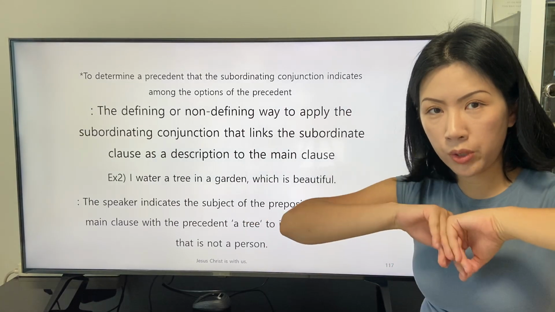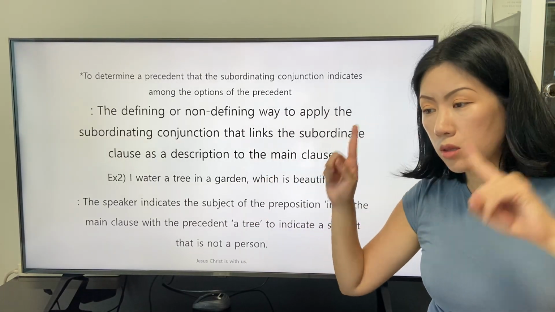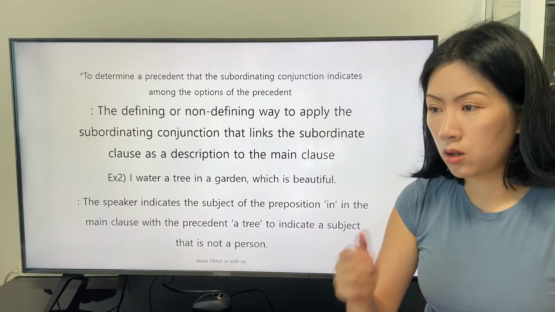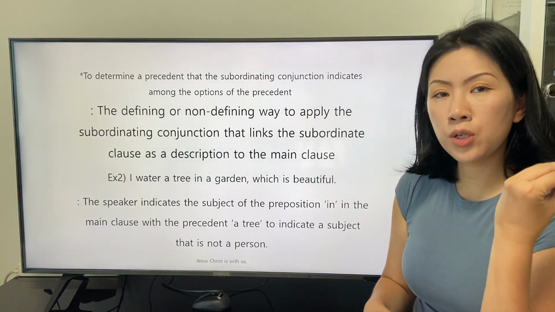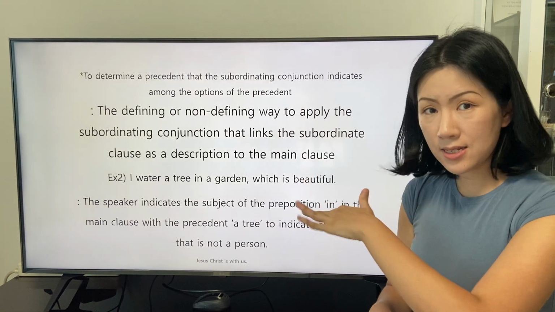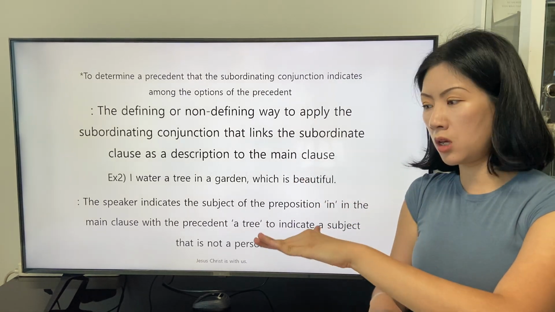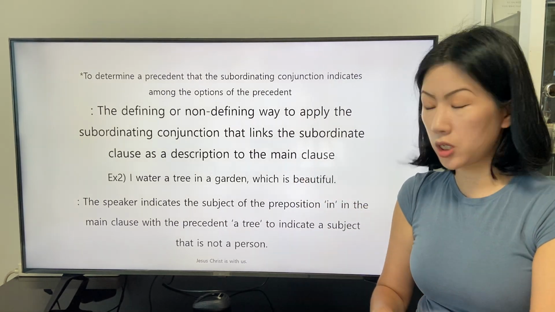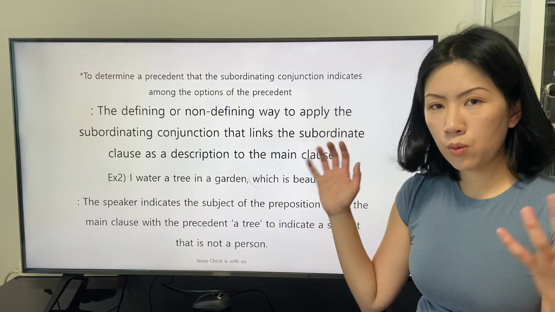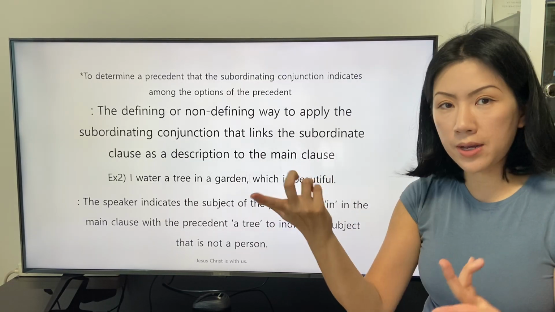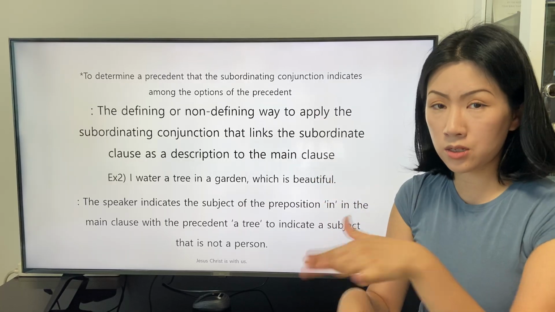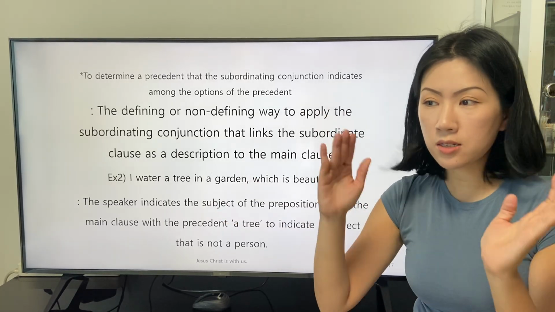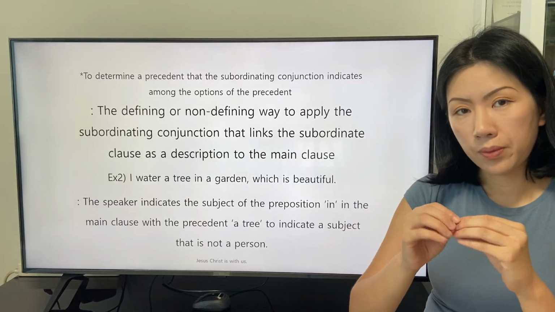So we need to figure out what the precedent is to interpret this sentence according to the original intent of the speaker. And then we can think of the premise to apply the pronoun which that is able to indicate a thing that is not a person as the precedent.